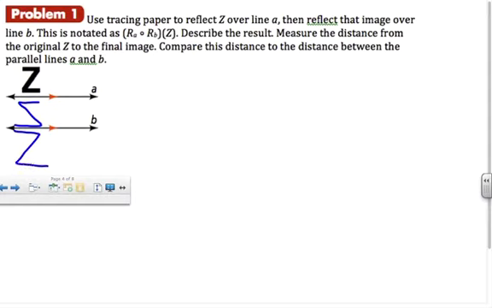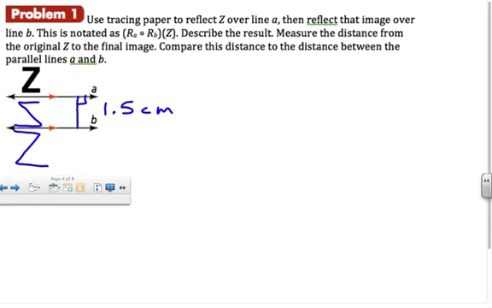And what they're wanting you to realize is if the distance from A to B is, I believe on your papers, just shy of 1.5 centimeters, so let's just call it 1.5, just to round.